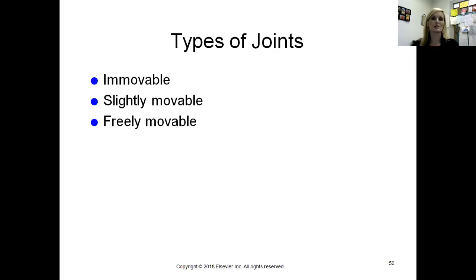We have joints that are slightly movable. Those are sometimes called cartilaginous joints. The best example of these would be at the vertebrae. I know that my entire back can move, but looking at two different bones there in the vertebrae, maybe just T6 and T7, the movement between just those two bones is not very great.